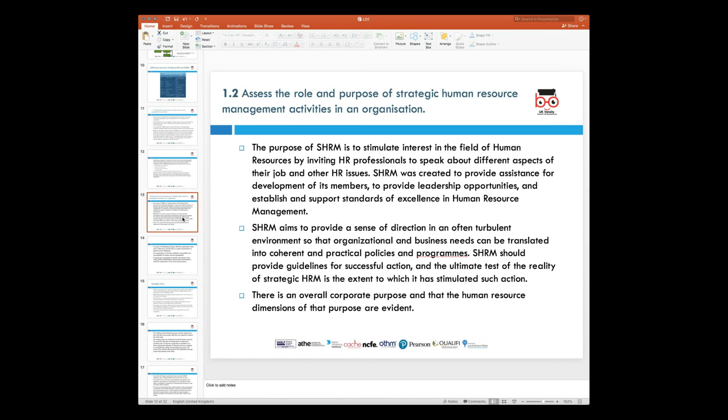So the SHRM side of things will be looking at developing strategies, or looking at changes which will be required from a business perspective in order to continue to function in those countries, even when Britain leaves.